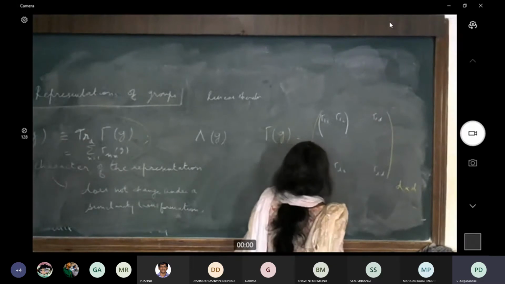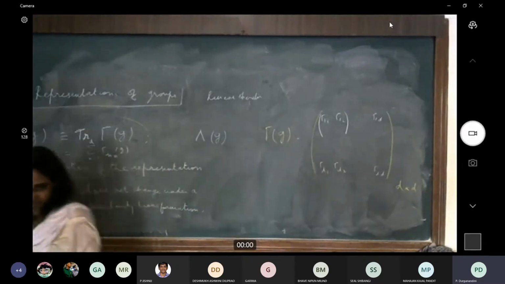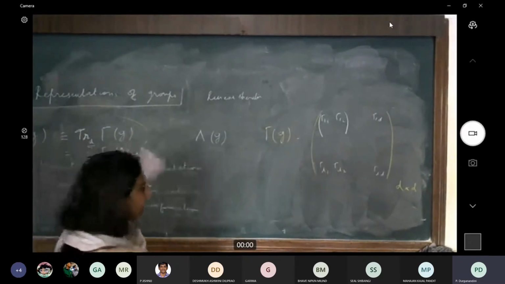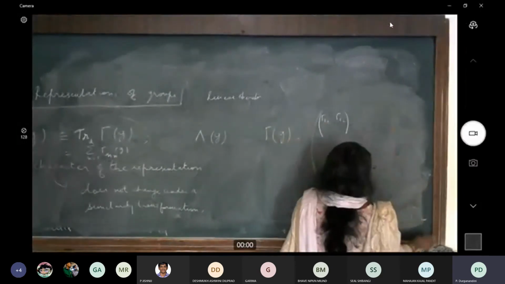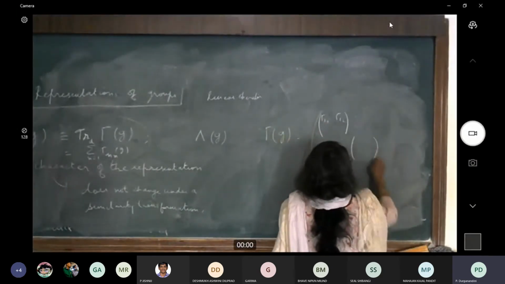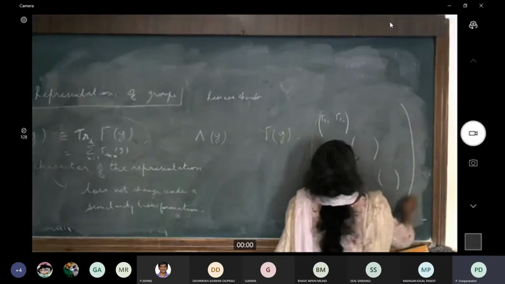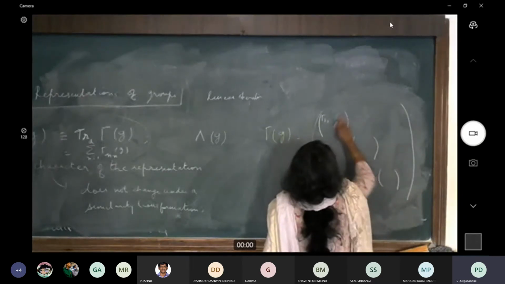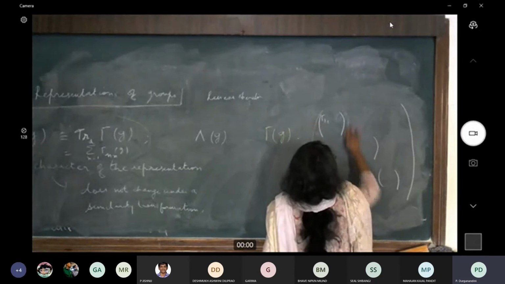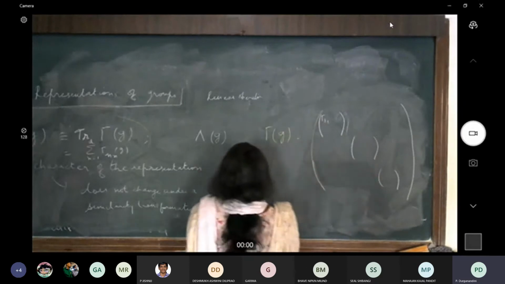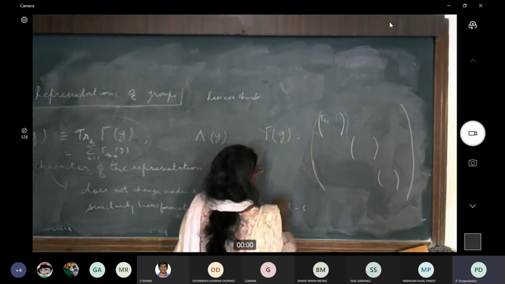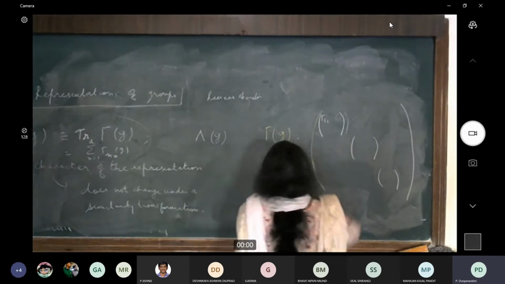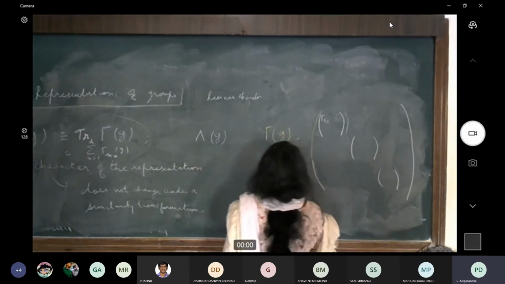So suppose I can make some transformations. I started with some basis, but let us say that by making similarity transformations, I can block diagonalize. Let's say that D equals 6, and I'm just giving you this example.